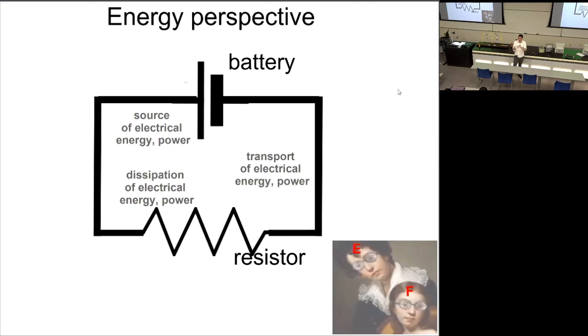The way the circuit works in the energy perspective is that energy flows from the battery, the source of chemical energy, to the resistor, which dissipates the energy, producing heat. The circuit is really just the path around which that energy flows from the battery to the resistor. So that's the energy perspective on the circuit.